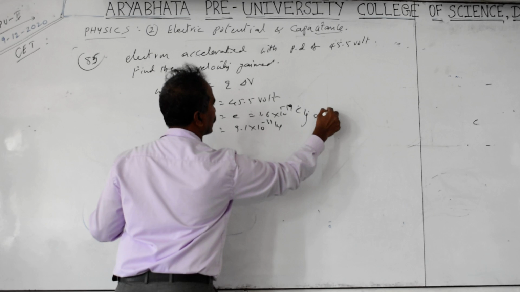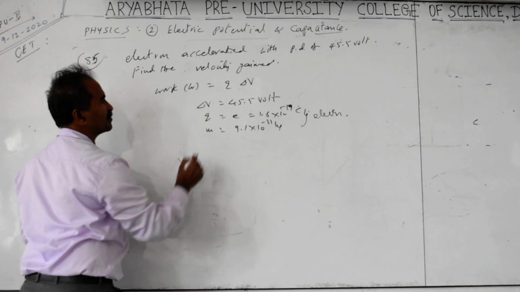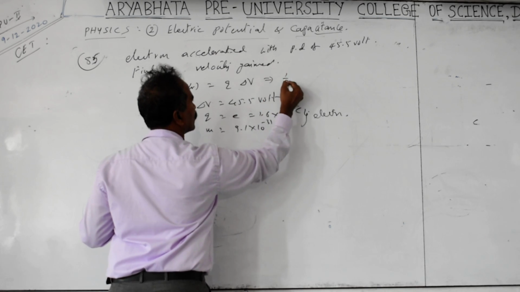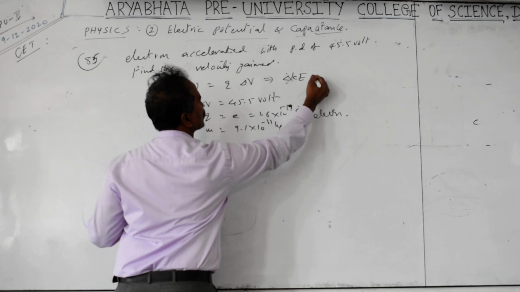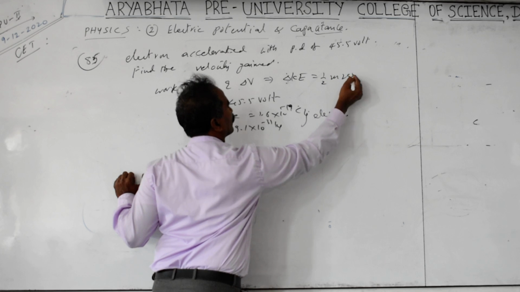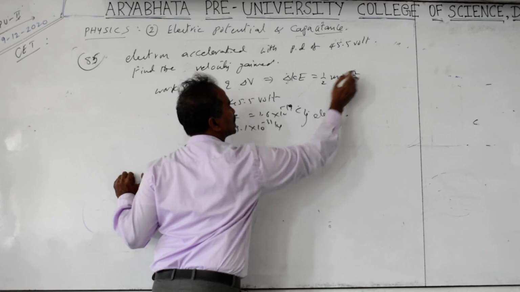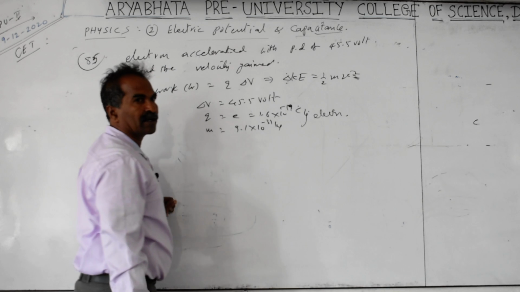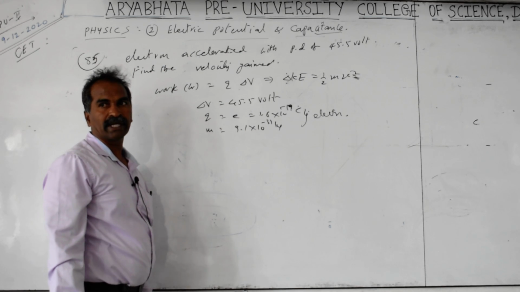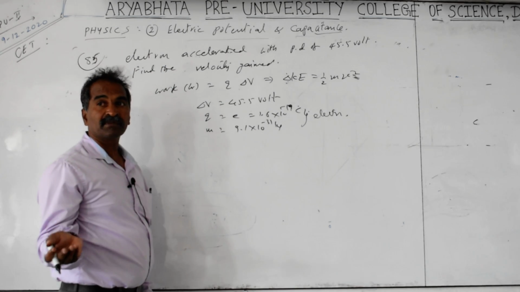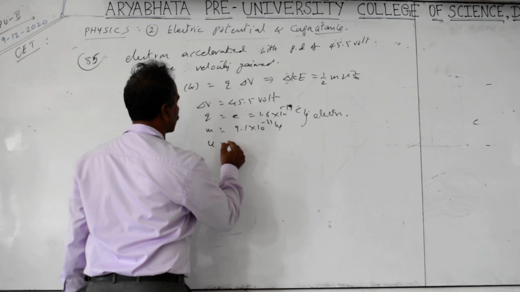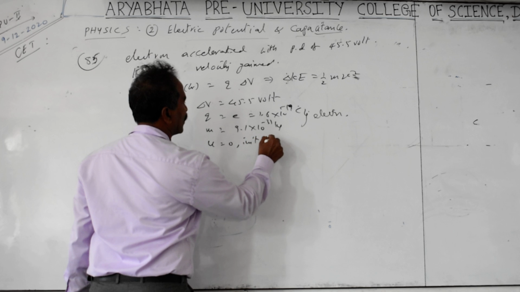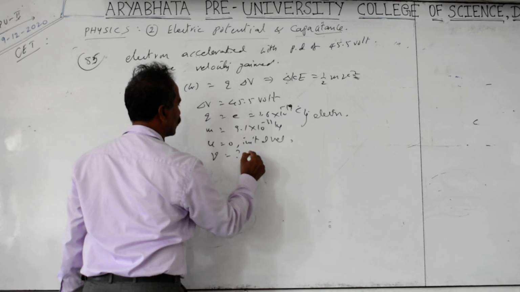This is for the electron. So work done is nothing but charge into potential, which is also equal to the change in kinetic energy, half mv square minus half mu square. But if they ask only the final velocity, they must give the initial velocity or take it as 0. Let us take u equal to 0, that is the initial velocity.